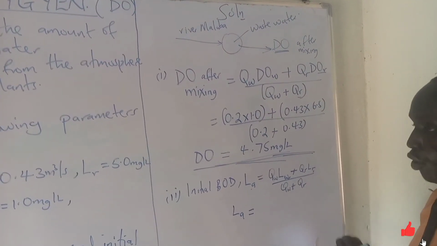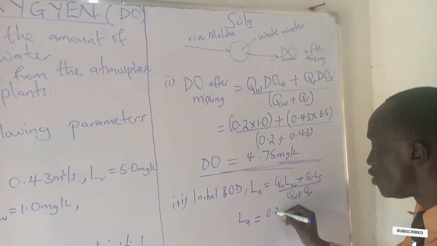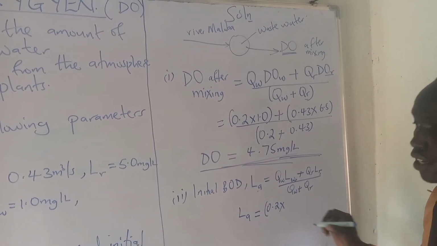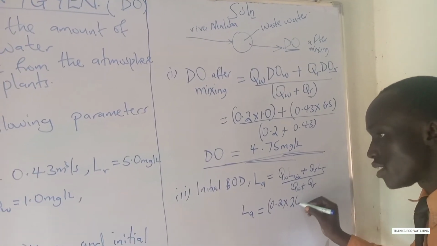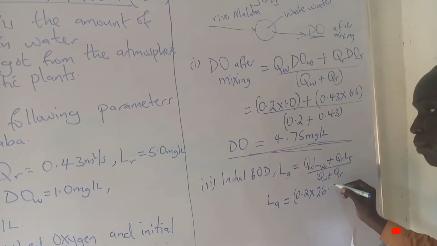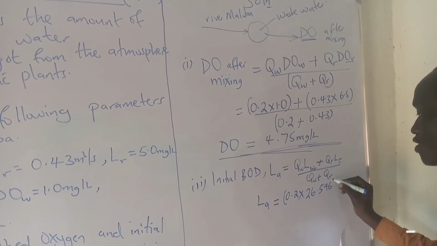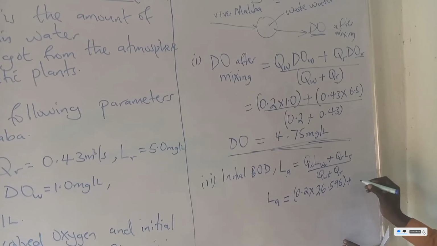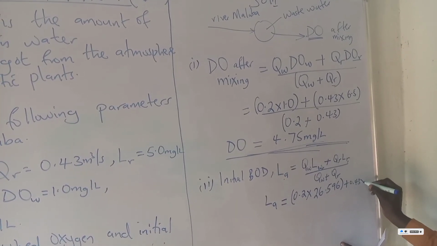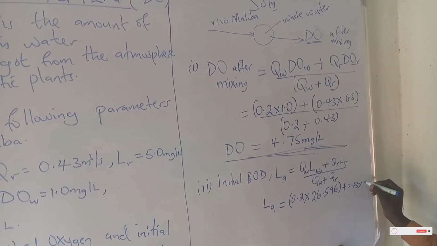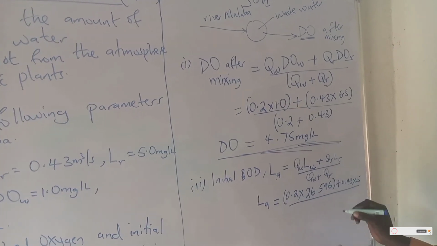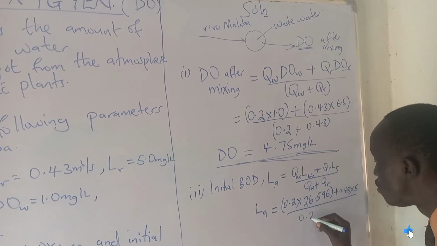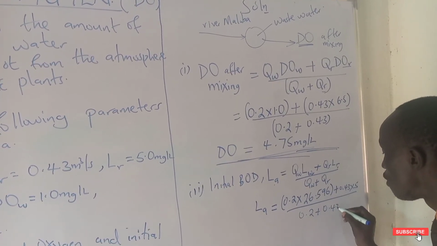Let's substitute. Now LA is given by QW, the flow rate of the wastewater, which is 0.2, times LW, the ultimate BOD of the wastewater, which is 26.596, plus QR, which is 0.43, times LR, which is 5, over the sum, which is 0.2 plus 0.43.